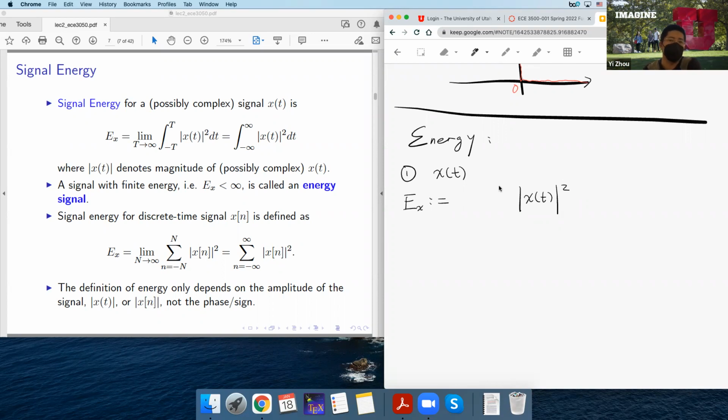And because we are looking at the total energy, I'm going to integrate this power 2 over the time t from negative capital T to capital T. And then I'm going to push this integration interval to infinity so that I can accumulate all the energy of this signal spanning the entire time domain.